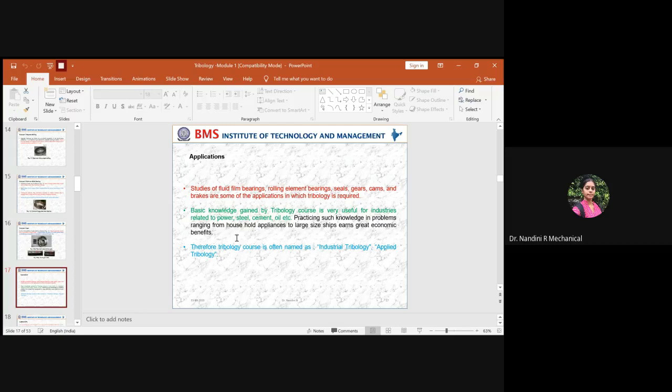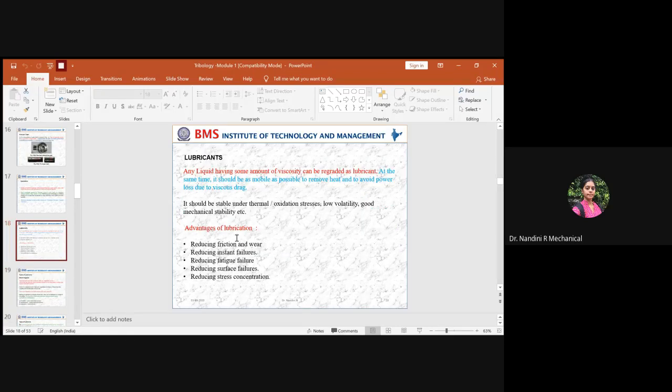Finally, it helps uplift the sales of rolling and contacting surface machine components, improves the GDP, and helps mankind in society. So these are the applications of our tribology.